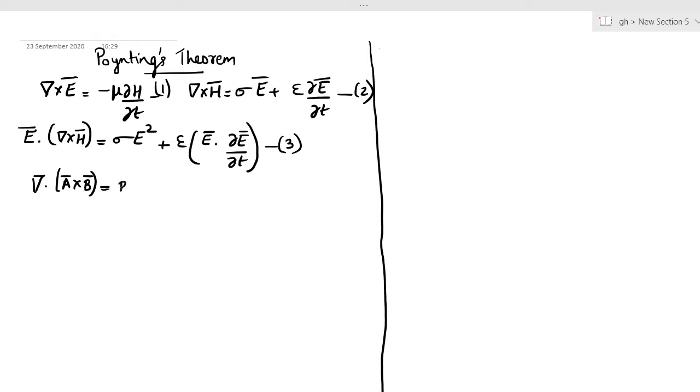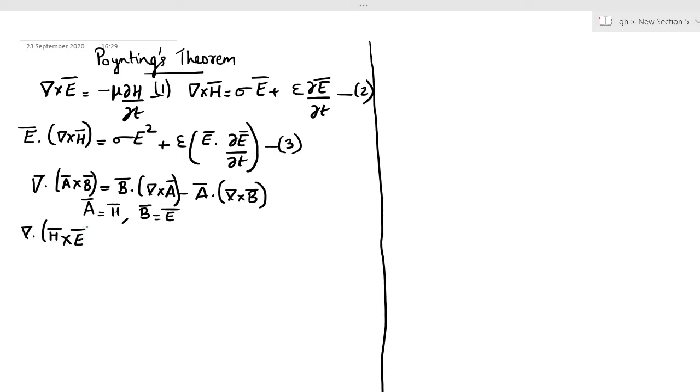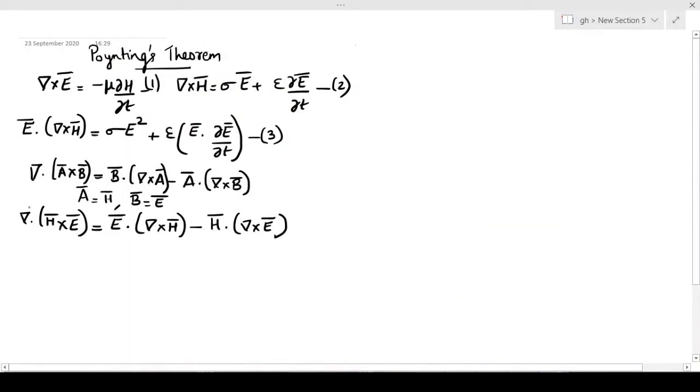Del dot (A cross B) is equal to vector B dot curl A minus vector A dot curl B. And here you substitute vector A as H, vector B as E. On substituting, you get del dot (H cross E) is equal to vector E dot curl H minus vector H dot curl E. So here you got this equation.